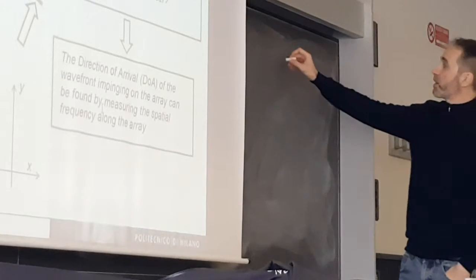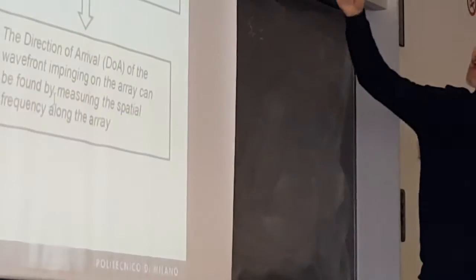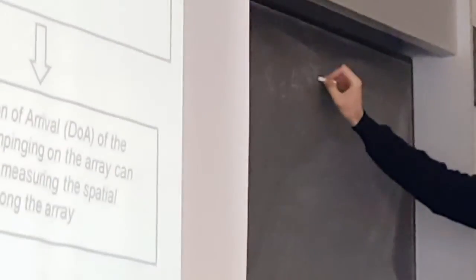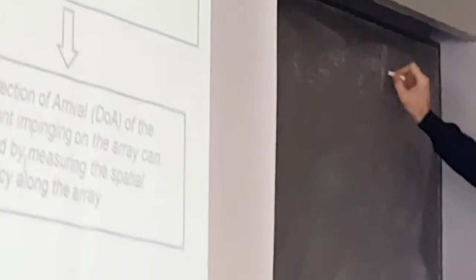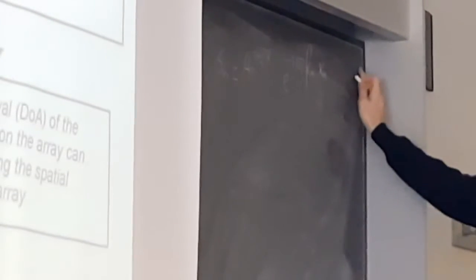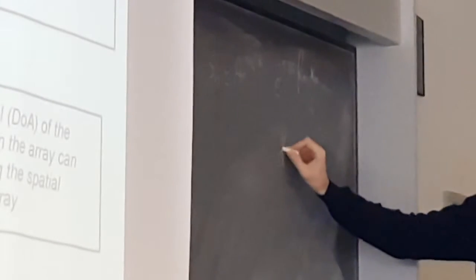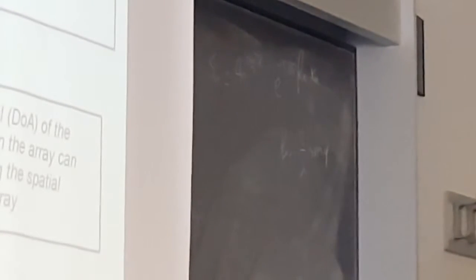And this complex number we are calling S of n, and this is more or less equal to A times the constant phase times a phase ramp whose frequency is connected to the incidence angle. So if we know the frequency, then we know the angle under which the target is seen.